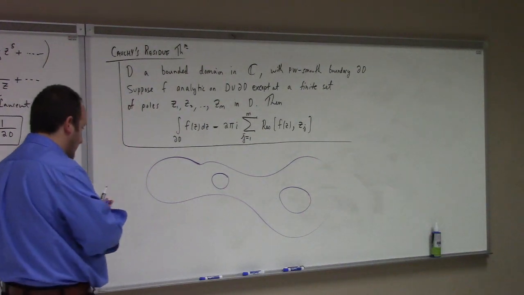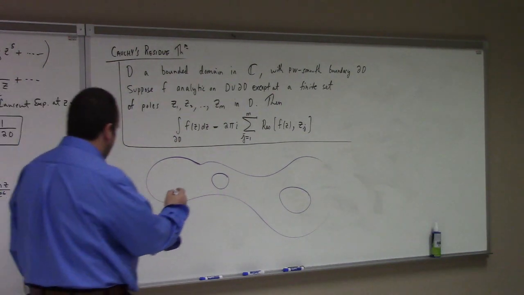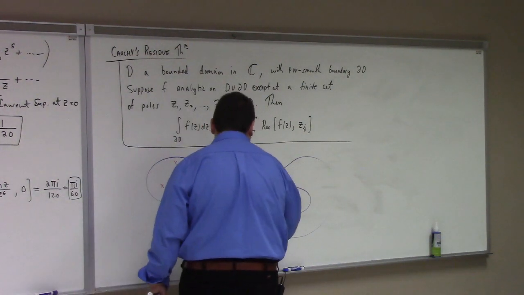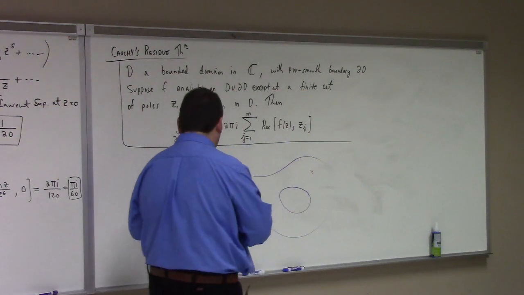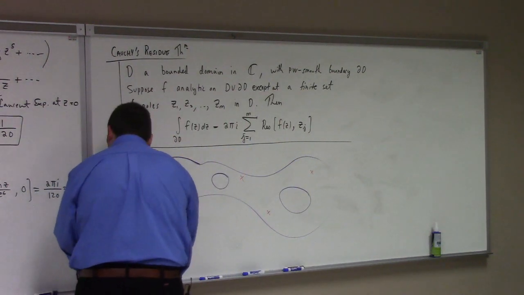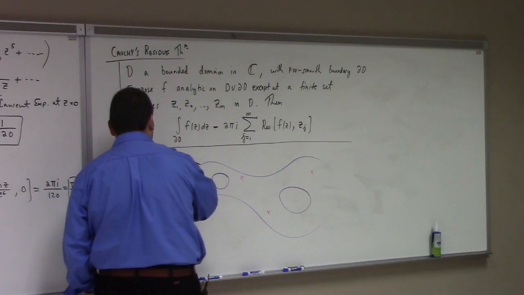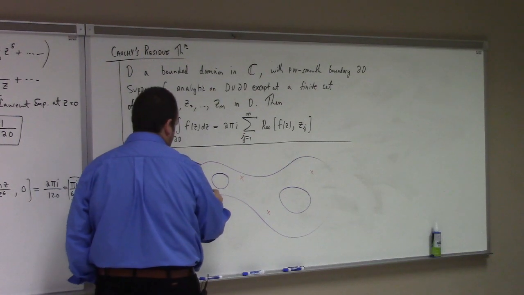And then there are some singular points. I'll draw the singularities in red. The point is, we can chop up the region D into subregions that contain just one singularity.